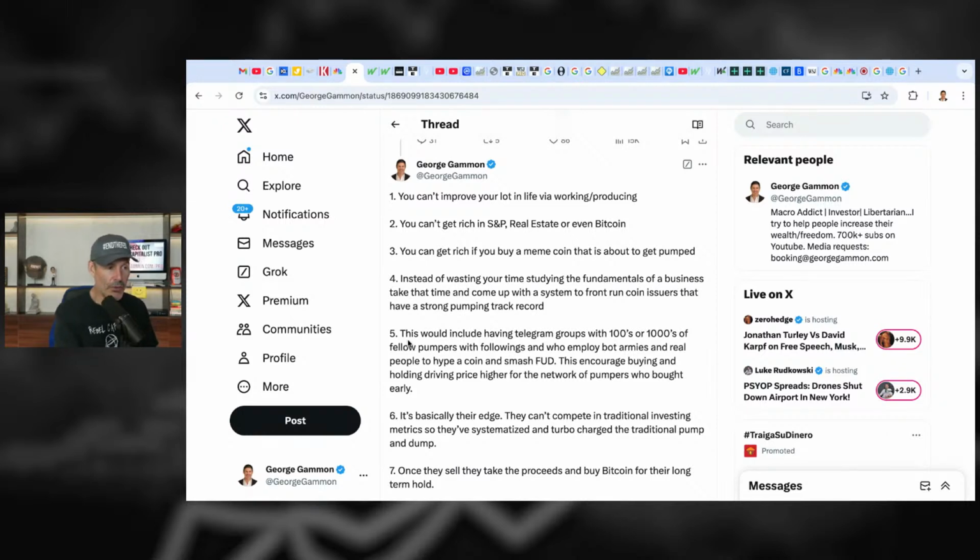What they do, and they'll openly talk about this, they have groups that are managed by these, let's just call them influencers. They're Telegram groups or these online communities that they are kind of in a leadership role. And they'll try to bring people into these communities and sit there and talk about whatever meme coin is the topic du jour.